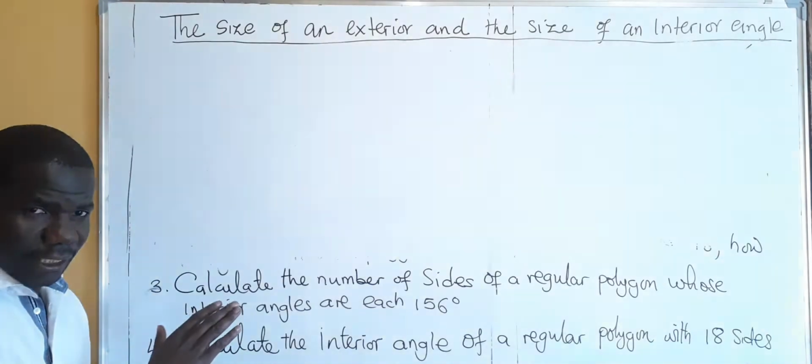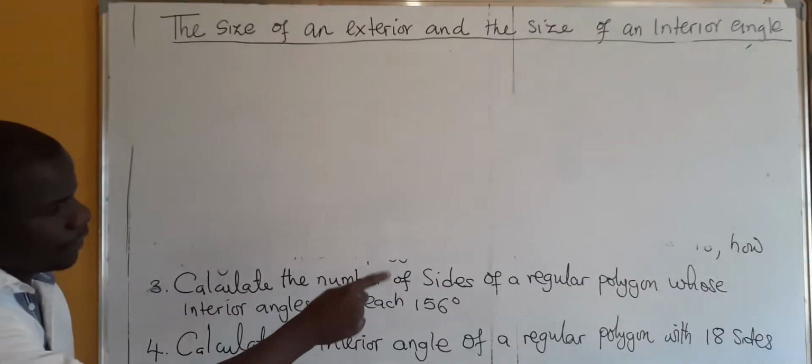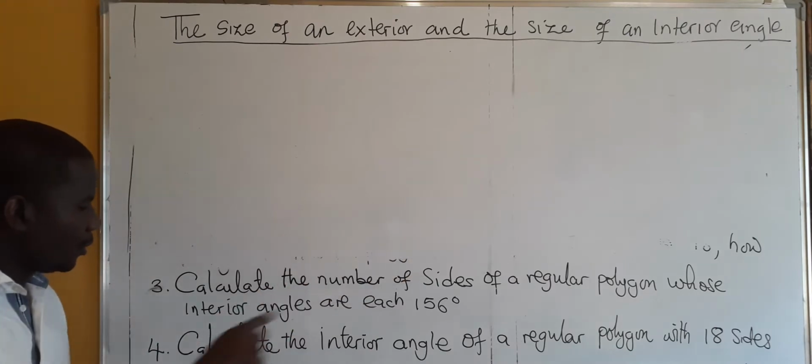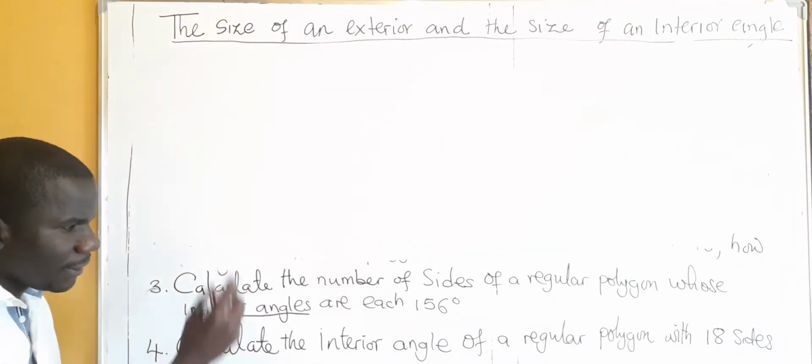Please pay attention here. Calculate the number of sides of a regular polygon whose interior angle is given by this one.